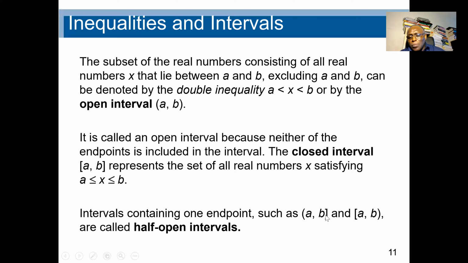Where we have the square parenthesis means equal. So this means x is greater than or equal to a and less than b. So the regular parenthesis is the open interval, and the square parenthesis is the closed interval.